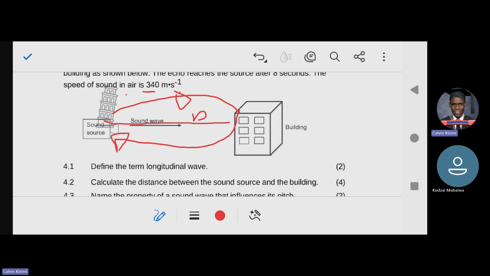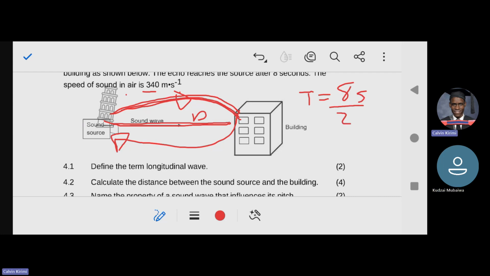We want to know only the time taken from here to there. So we are only taking this first half, since we only want the distance between the source and the building, not the total distance of going to the building and coming back. Okay? We only want the distance in between. So the time which we are going to use is equal to 8 seconds divided by what?